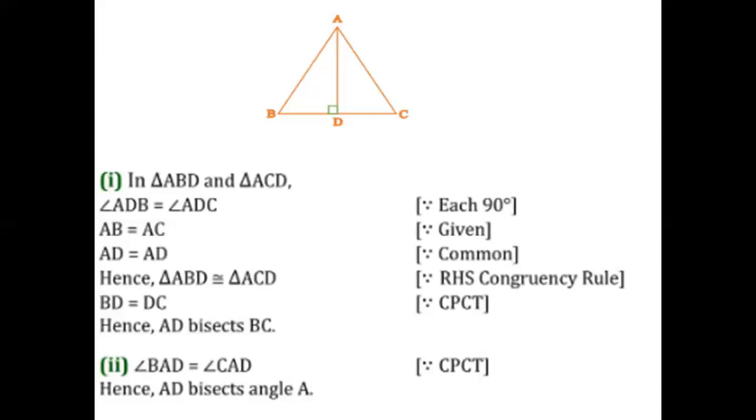Now, if these angles, that is angle BAD and angle CAD, are equal to one another, what does that mean? That angle A is divided into two equal parts. And if you could see in the figure, who is going to divide angle A into equal parts? AD. So I can conclude that AD bisects angle A. This was the solution to question number 2.